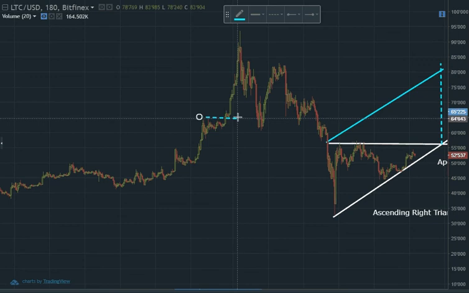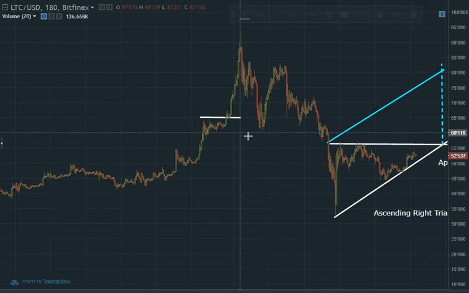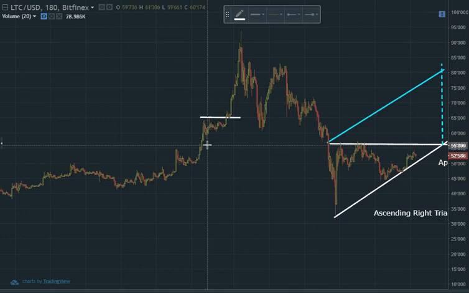Right here. I got a comment earlier from a really nice person who shared his thoughts on ascending right triangles belonging to a declining trend. And that's not how I learned it.